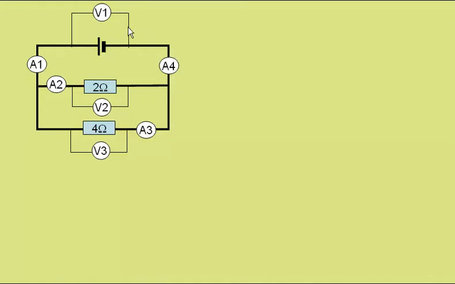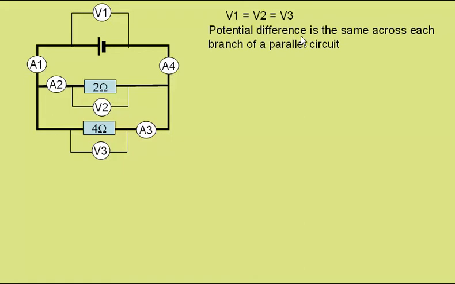As the voltmeters measure the energy transferred, voltmeter 1 will measure the energy given to the charges, and this will be the same as the energy given to either this resistor or this resistor. So, voltmeter 1 will give the same reading as voltmeter 2 and as voltmeter 3. We can say that the potential difference or voltage is the same across each branch of a parallel circuit.